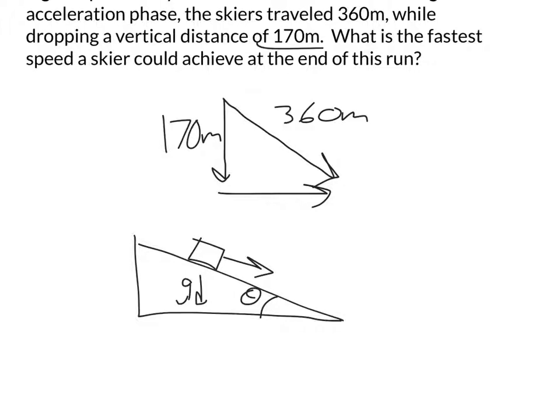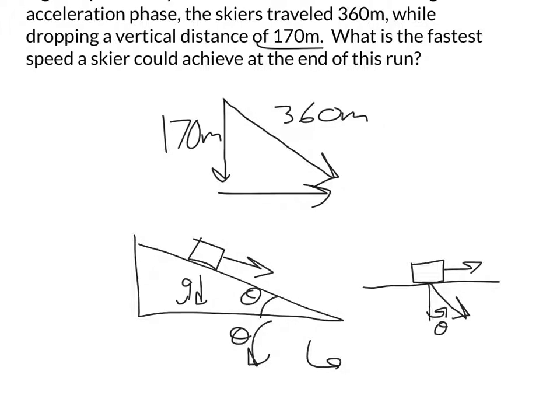And what I recommend is that you rotate your incline theta degrees this way. This is a visualization tool so that it looks like this thing is going to the right. And then you'll see that your g has also rotated by theta degrees. So that's theta, and that's g.